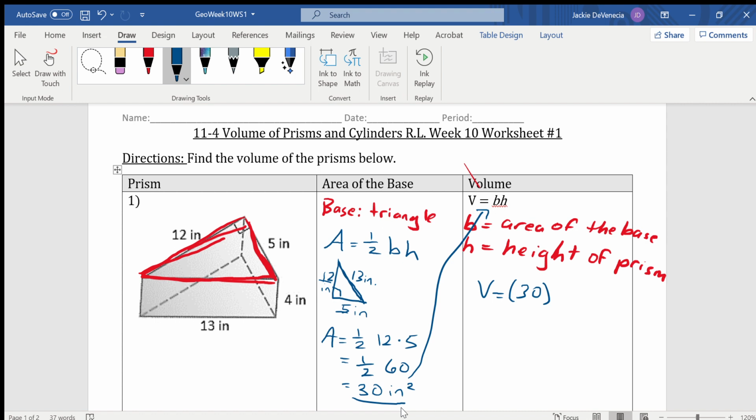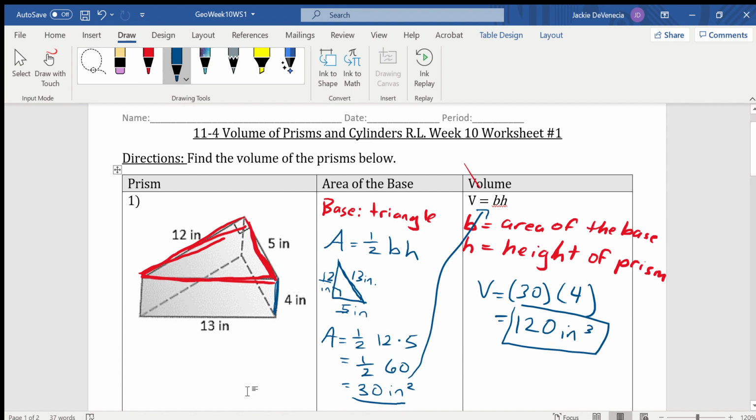So over here, the one that's measuring its width or height right over here would be 4. So I'm doing 30 times 4. Now there are going to be some numbers that we might not even use. They just include them to throw you off. But yeah, 30 times 4, that's 120 inches cubed. So this is the volume for this figure right over here.